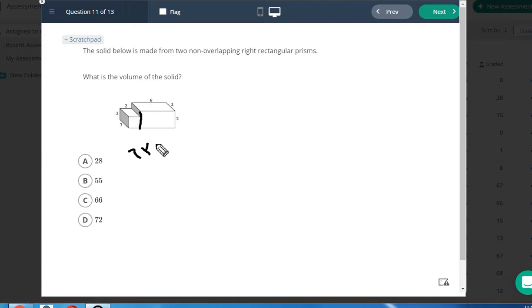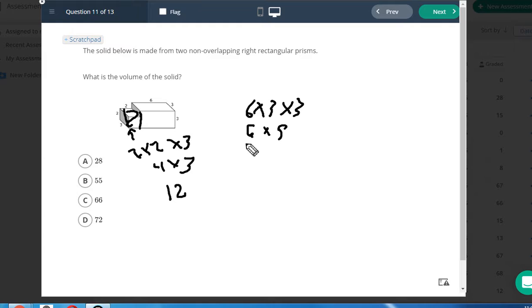So we have 2 times 2, wow, times 3, okay, and this is 4 times 3, so we got the little box right here is 12, okay, this is 12, and now we have 3 times 3 times 6, so 9 times 6 is 54, so 6 times 3 times 3, 9 times 6 is 54.